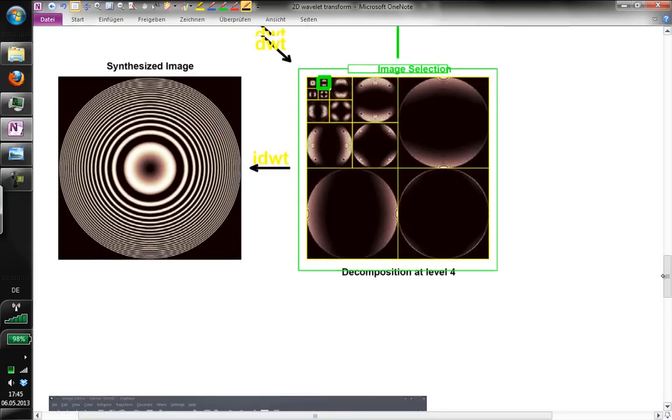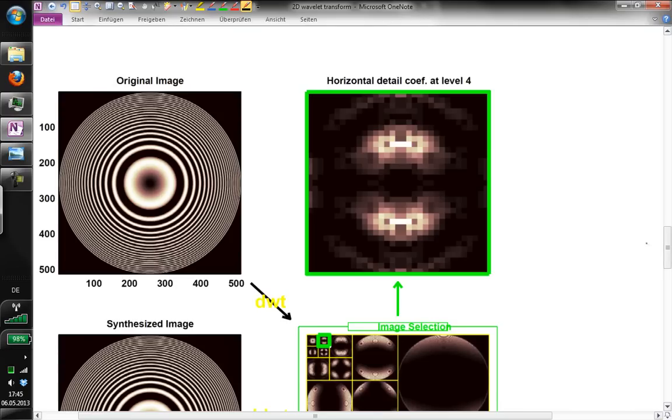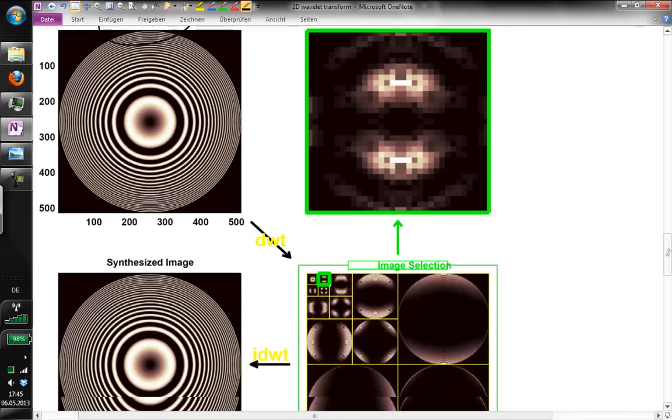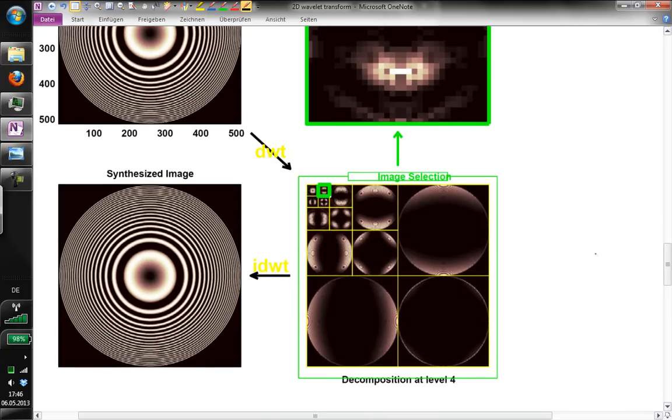More questions? I have another image which perhaps helps understand what is visible where. Here you see the original image, and down there you see this funny composite image of the various details as well as the approximation. In the bottom right corner, for example, you see the diagonal details.